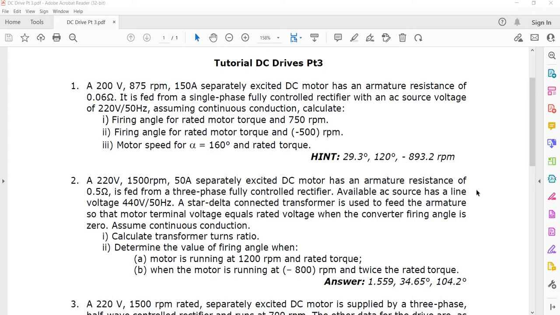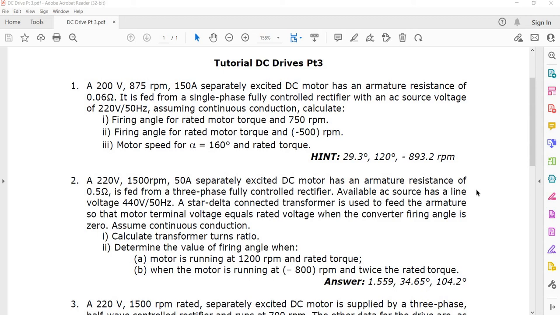Question 1. A 200 volt, 875 RPM, 150 amp separately excited DC motor has an armature resistance of 0.06 ohm, fed from a single phase fully controlled rectifier with an AC source voltage of 220 volt 50 hertz. We assume it is on a continuous condition.